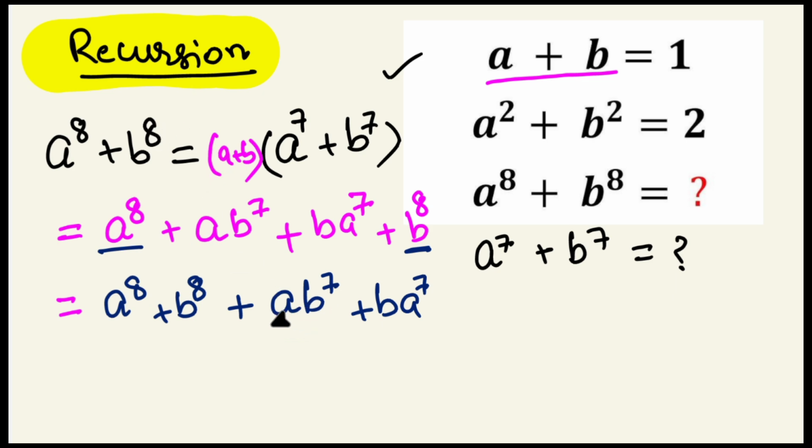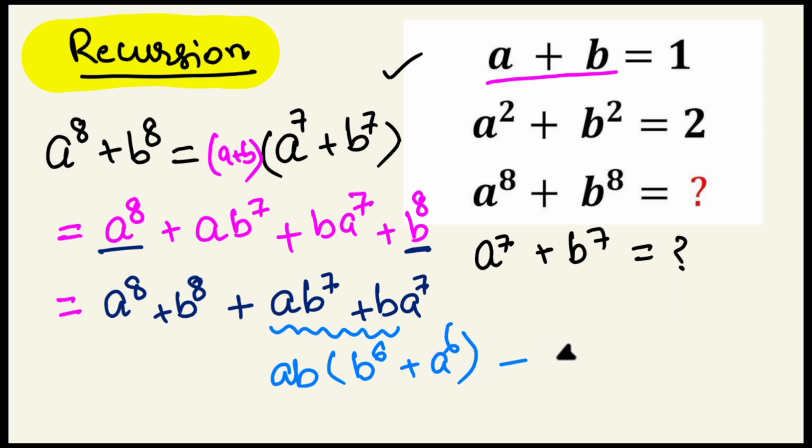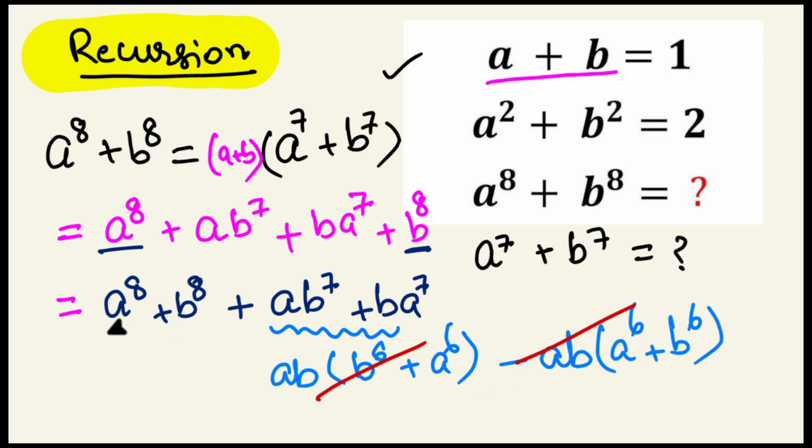So what is this? If we take ab common, we'll be left with b to the power 6 plus a to the power 6. So if we subtract this same thing, ab into a to the power 6 plus b to the power 6, these two will cancel, and what will remain is a to the power 8 plus b to the power 8.